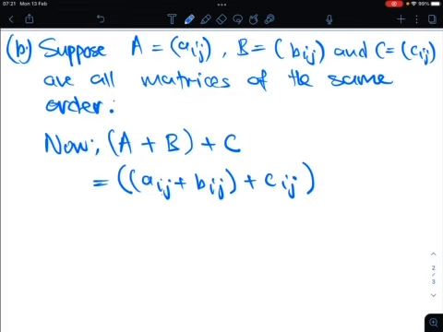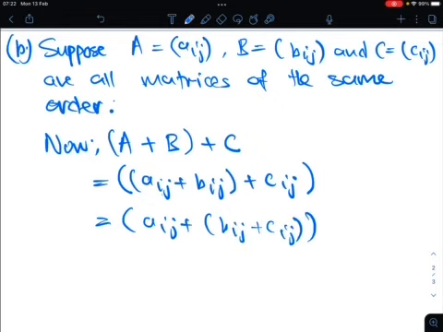But again, remember, all these things that are inside these outward brackets are real numbers. We know that real numbers are associative, which means I can remove the bracket that is around Aij and Bij and put it around Bij and Cij, like that. So now I have two different blocks from the ones that I had previously.